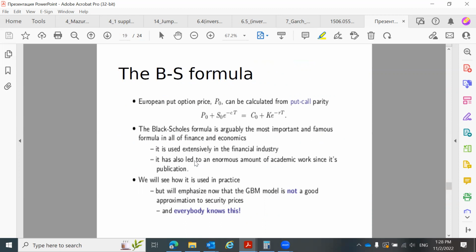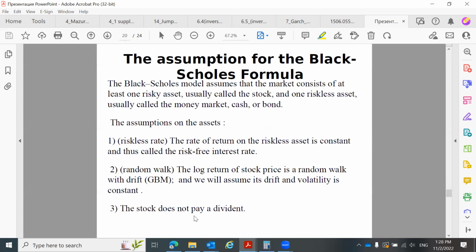This formula is not perfect, and it is not a good approximation to security prices, and everybody knows this, but this formula is very good as a first approximation.